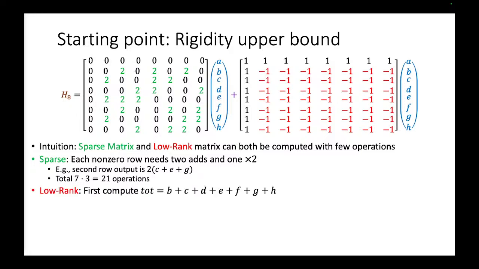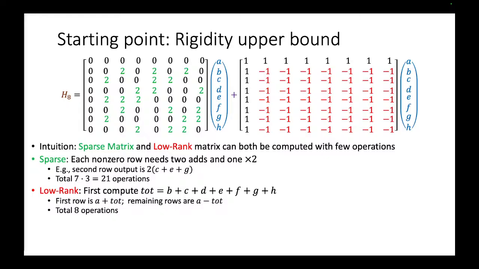For the low-rank part, you can see they're all the same on b through h, they just differ on what's going on with a. So you first compute the sum of b through h, and then the first row is a plus that thing, and all the other rows are a minus that thing. So you can do the low-rank part in total 8 operations, 6 for computing this total variable, and then the a plus and the a minus are the last 2.